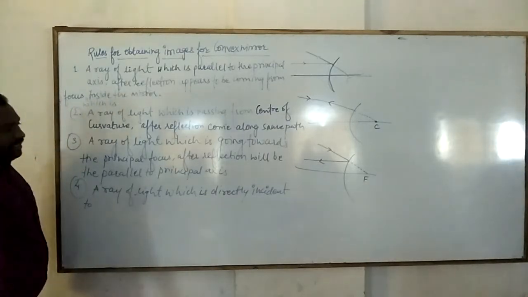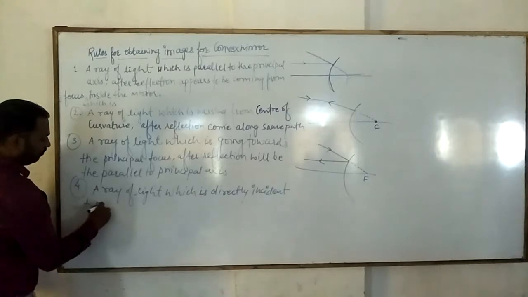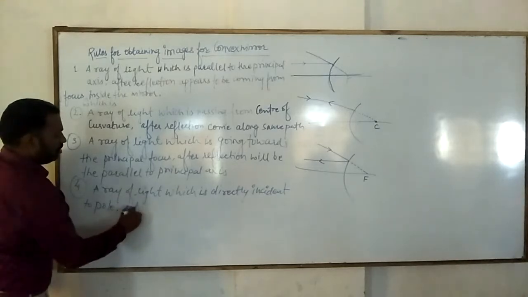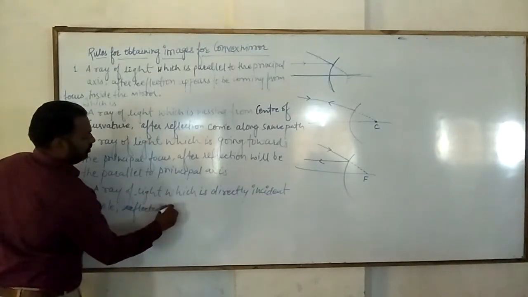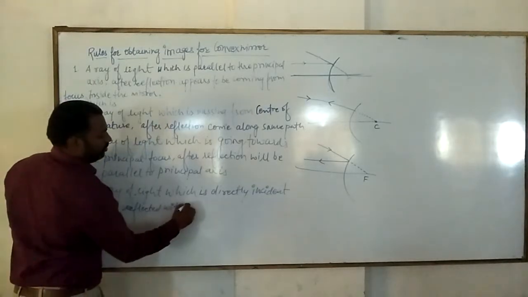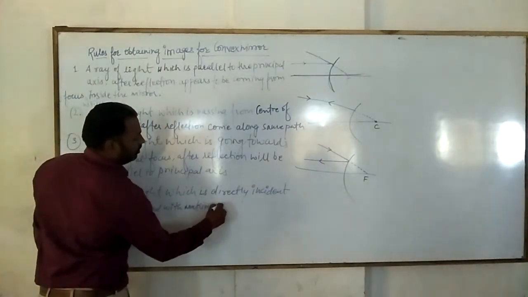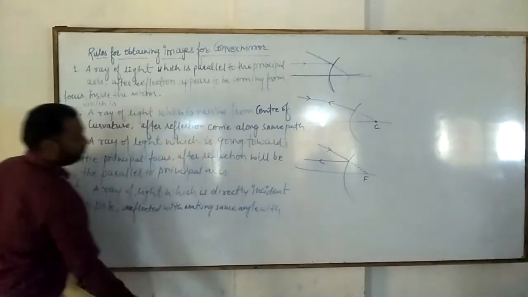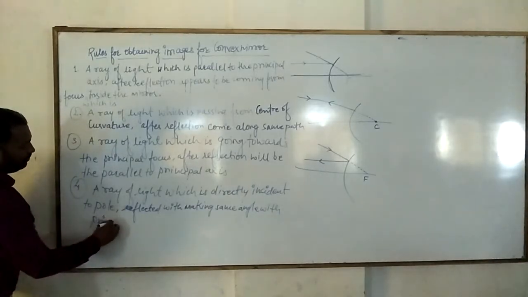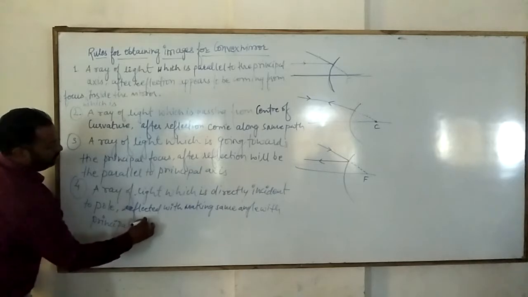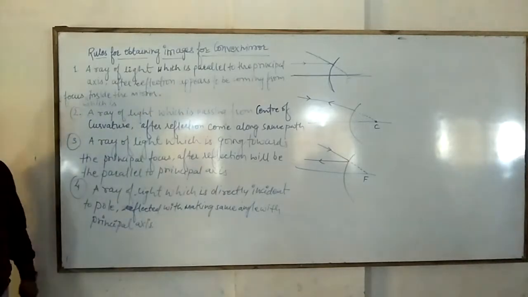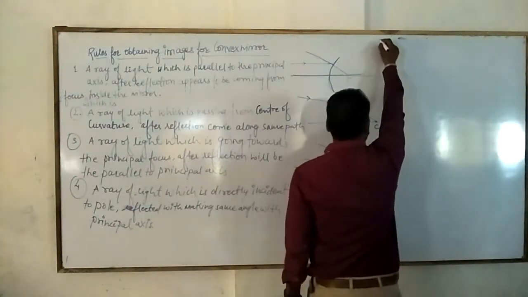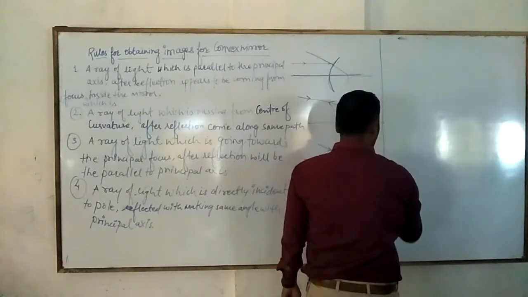A ray of light which is directly incident to the pole is reflected making the same angle with the principal axis. Now we have to study the cases for this convex mirror.